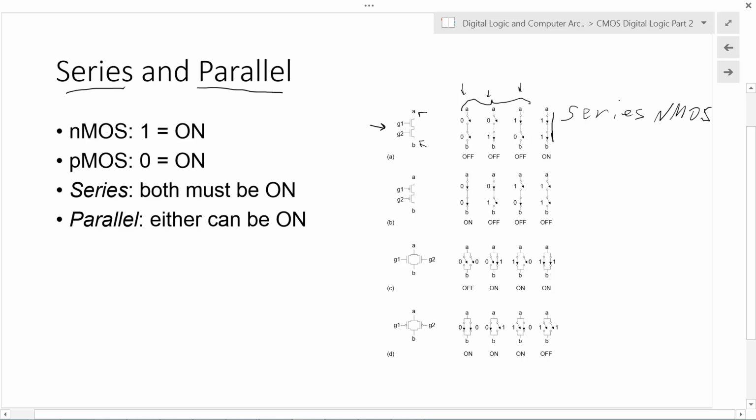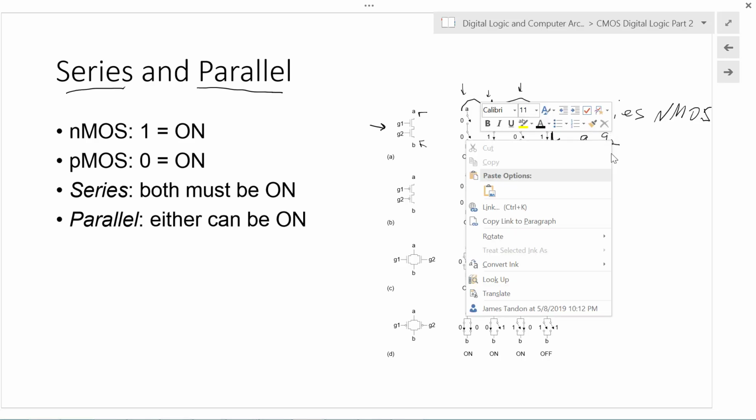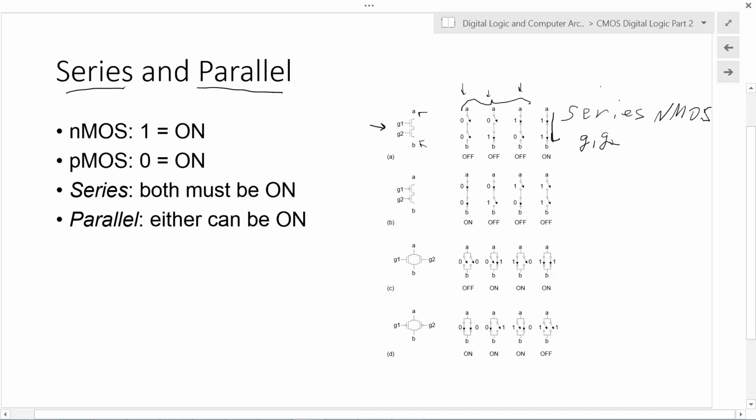So here, if G1 is 1 and G2 is 1, this is represented by a multiplication here. For all three other cases, where either G1, G2, or both are equal to 0, there is a disconnection between nodes A and B.